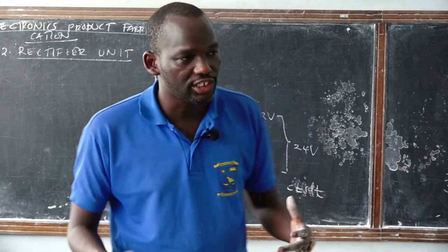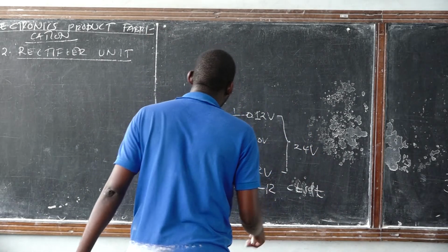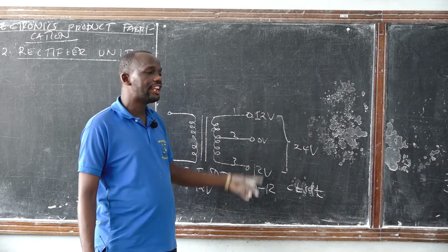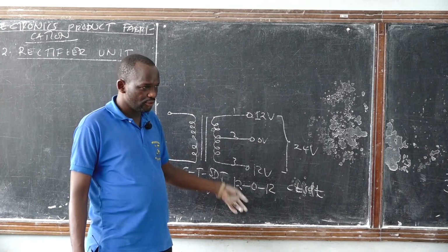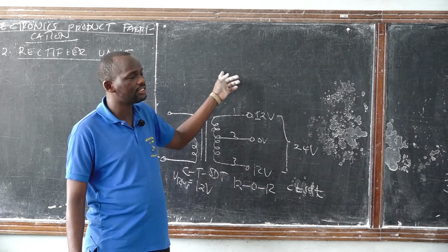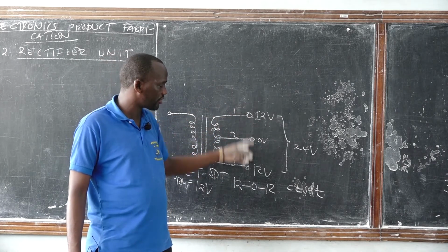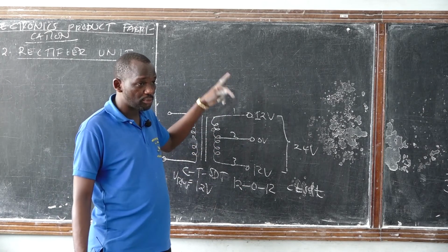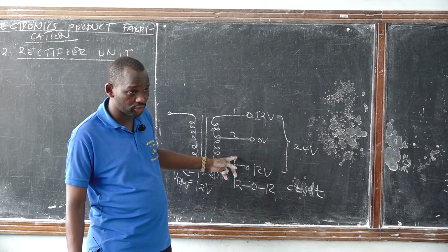Because if, for instance, in one of your designs you need 12 volts, and in another design you need 24, for the non-center-tapped step-down transformer you need 2. One provides 12 volts, the other provides 24 volts.